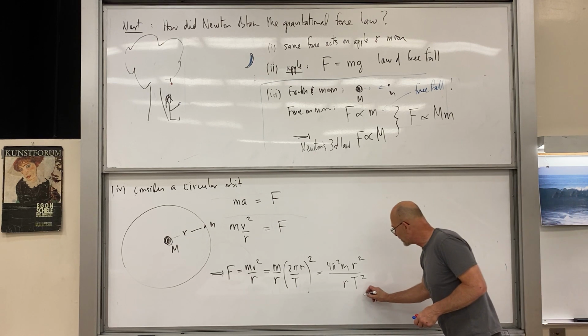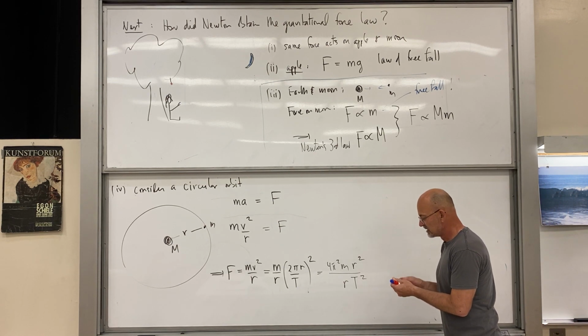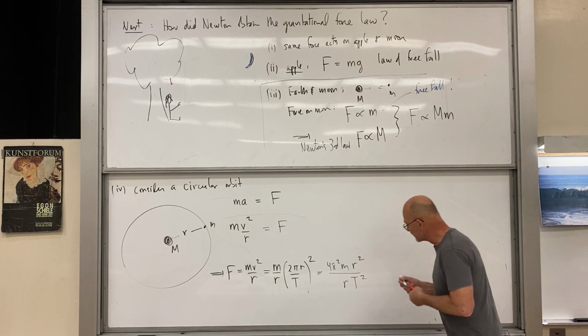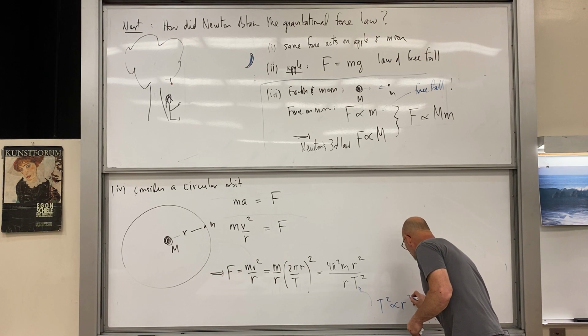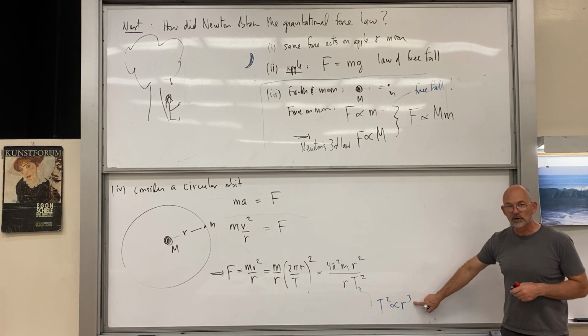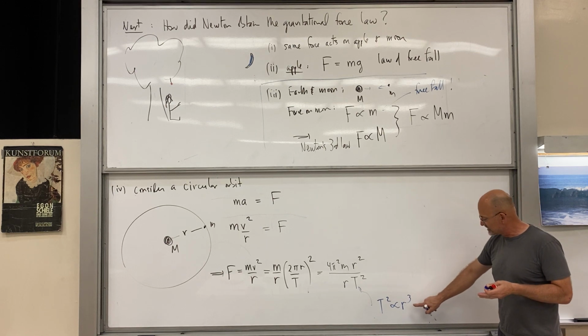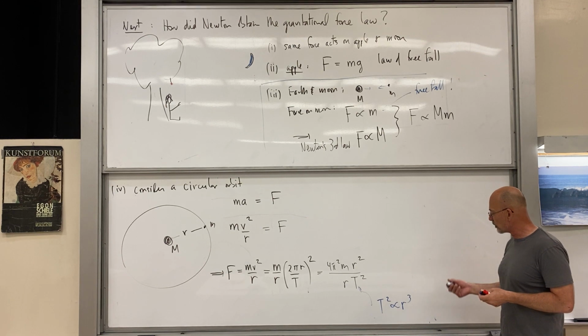Now here's where I'm going to use Kepler's third law, and where Newton used Kepler's third law, because we know that T squared is proportional to r cubed, because we're doing circular orbits, right? Semi-major axis is just the radius of a circular orbit.